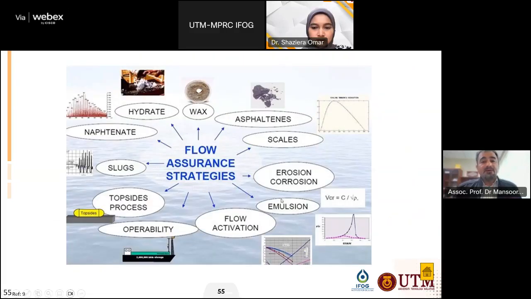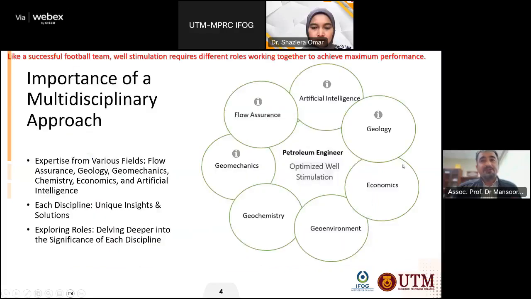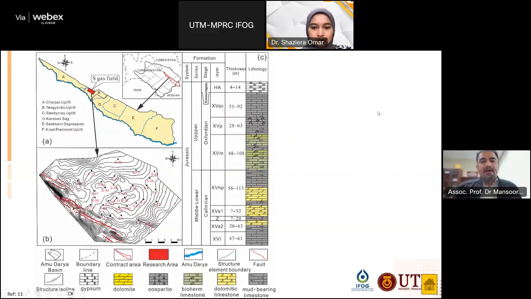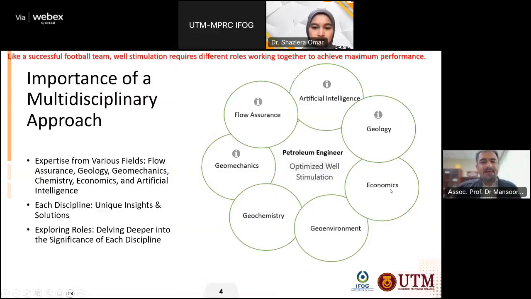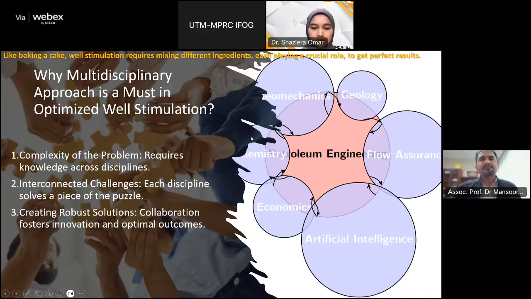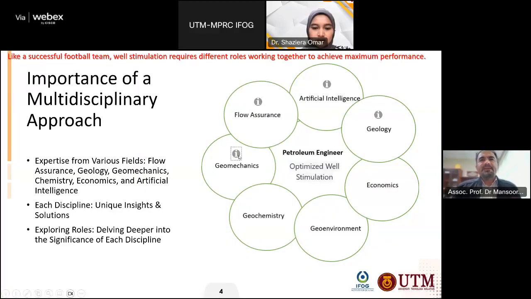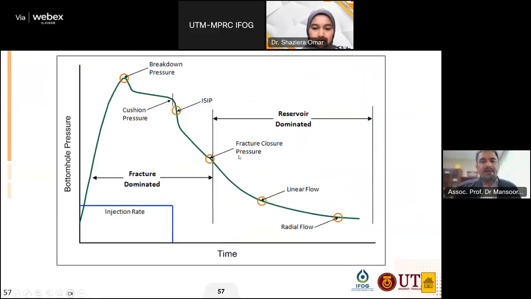Flow assurance ensures reliable flow of hydrocarbon. Geology provides us with an understanding of the reservoir and its physical and chemical makeup. Then geomechanics offers insight into the behavior of rocks under changing physical and environmental stresses.